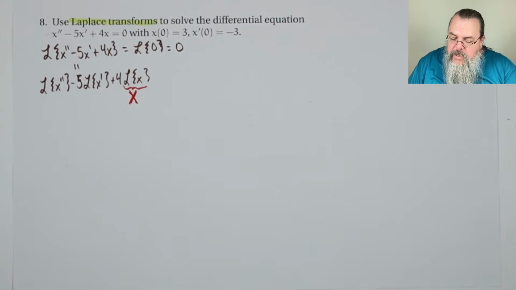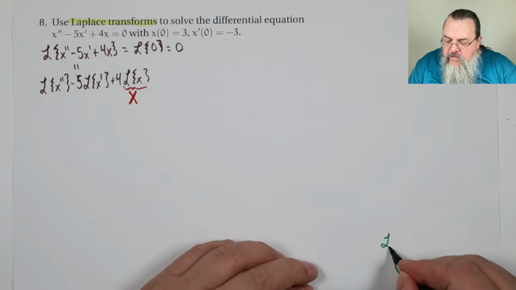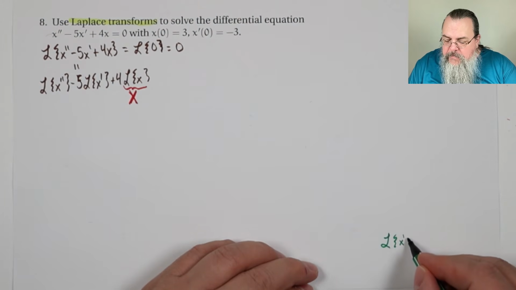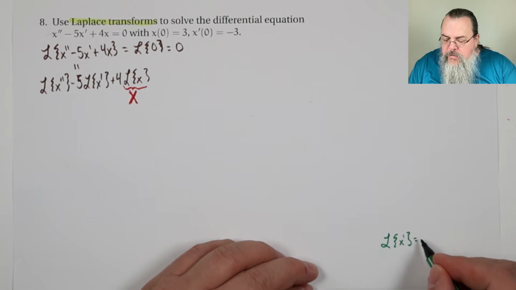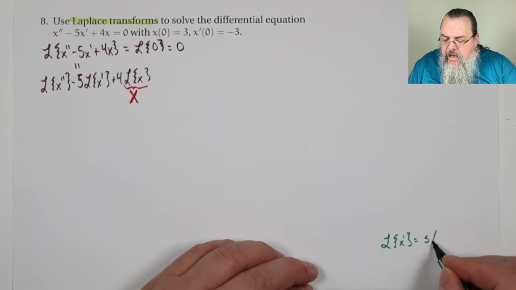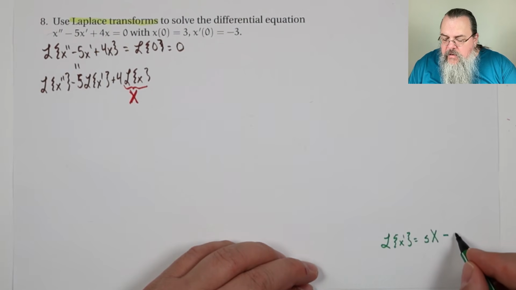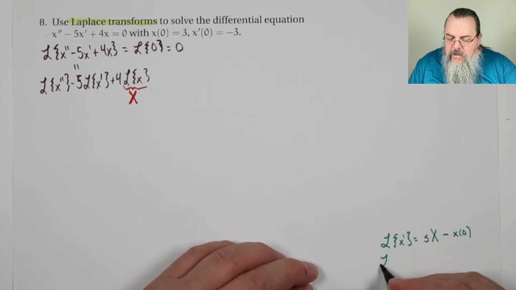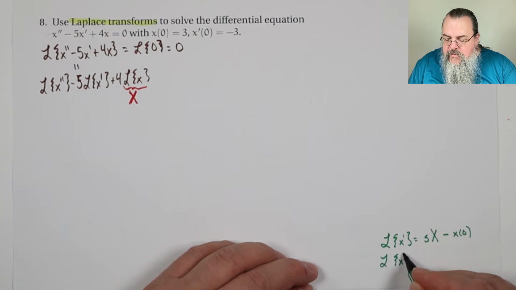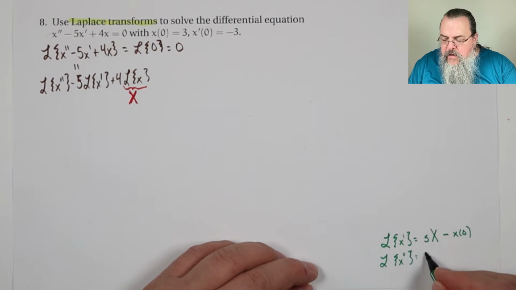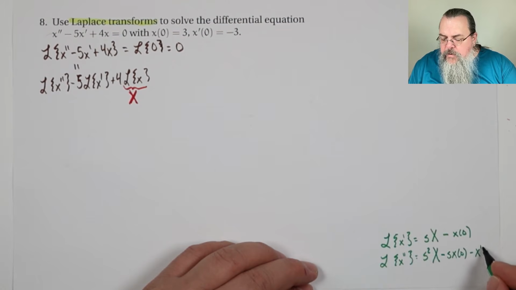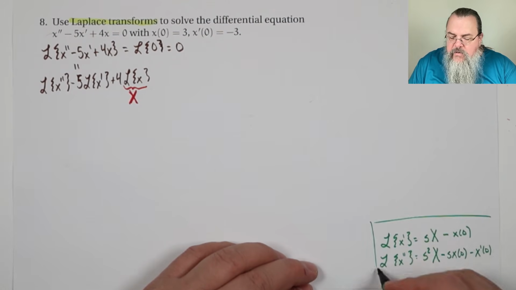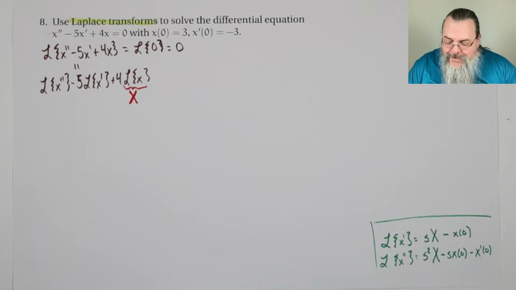So we have that the Laplace of x prime is equal to s capital X minus our little x of 0. And the Laplace of x double prime is s squared capital X minus s x of 0 minus x prime of 0. Okay, so there we have them in the corner for reference.